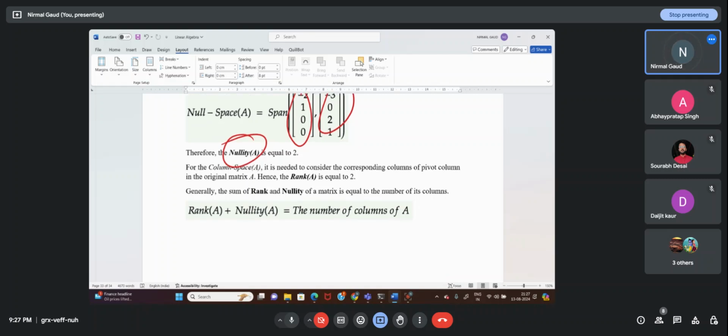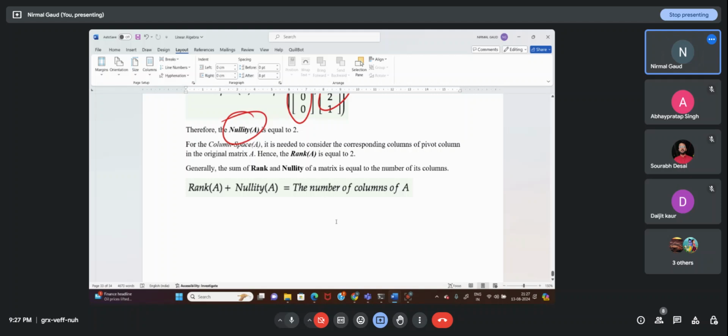Rank of a matrix means the number of independent vectors you have. For example, with the matrix 1 2 3 4 and 2 4 6 10, the rank is 2, because I can't write one row in terms of the other. This gives one property: rank plus nullity equals the number of columns.